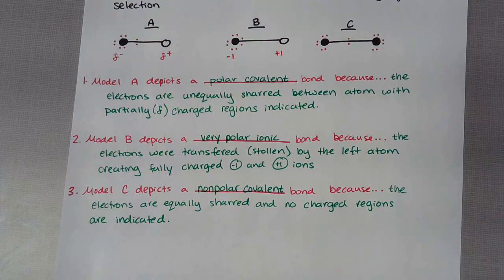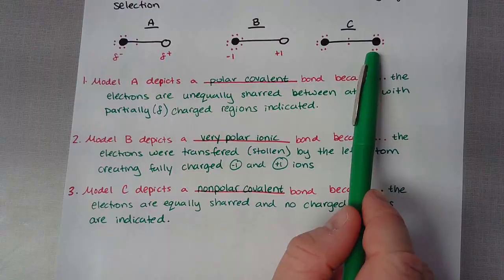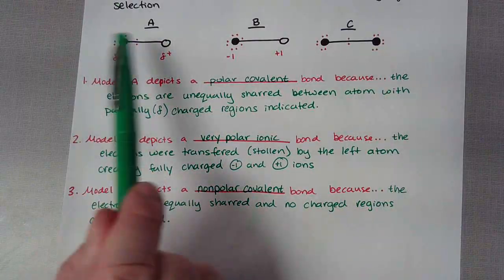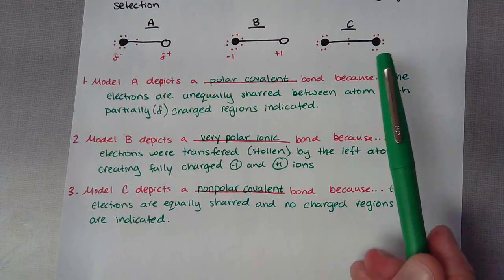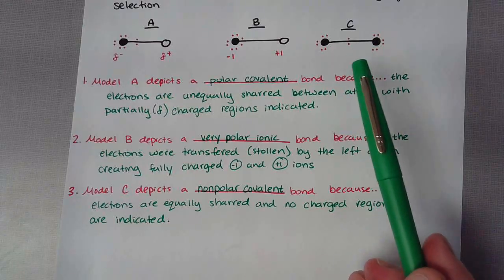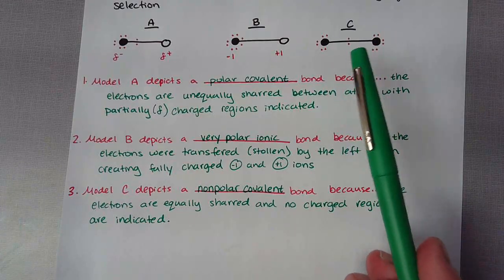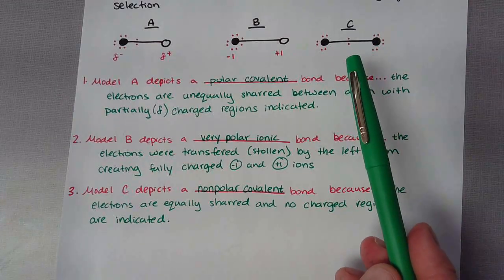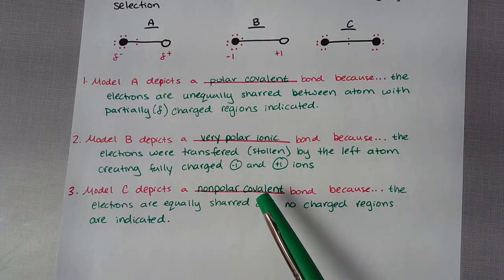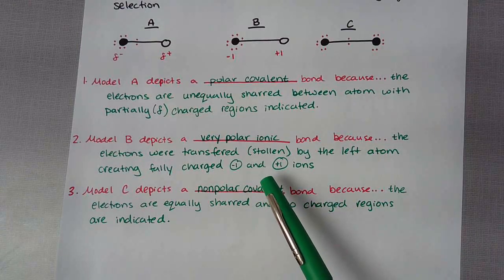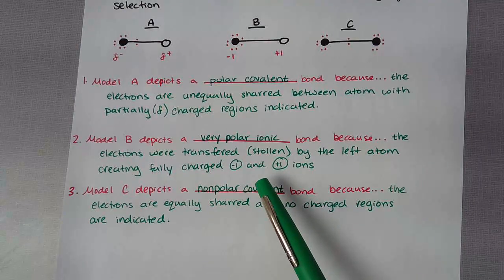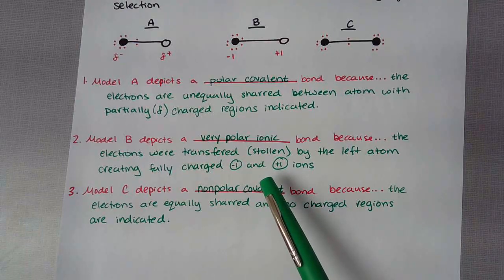Now, coming back to letter C. So you might notice here I have 2 different colors used. On letter C, I use the same color. That's intentional. The most common way to get a non-polar covalent bond is when you're making something called a diatomic, which means you have 2 of the same atom bonded together.